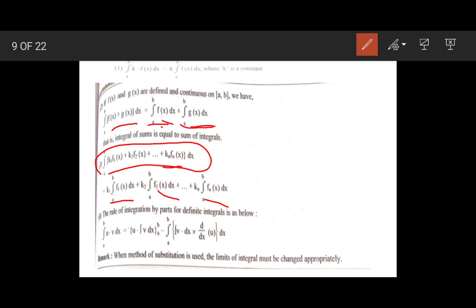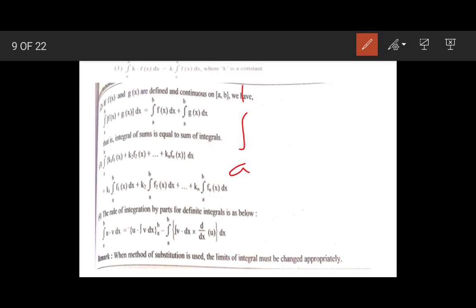Okay, then important is this u into v rule. So the u into v rule is the integral from a to b of u v dx.